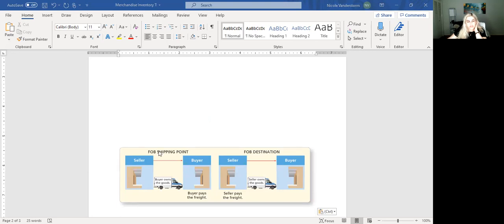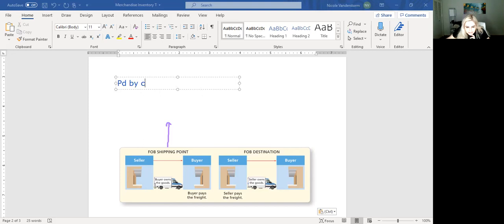All right, folks. So now we have two types. I've already told you that the freight shipping point is actually paid for by the customer, and it becomes the customer's responsibility.